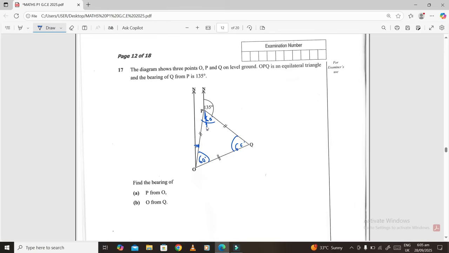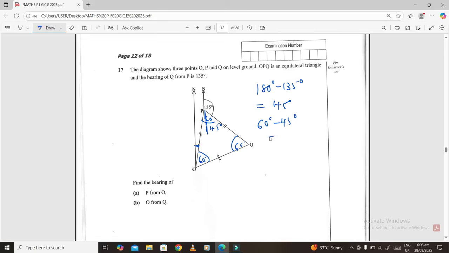For this bearing to be found, I'll take advantage of this. I'll straighten this line and then say 180 degrees minus 135 degrees. So when we work out 180 minus 135, this of course is giving us 45. So this is 45 degrees. Now we can say 60 degrees minus 45 degrees. This of course is giving us 15.